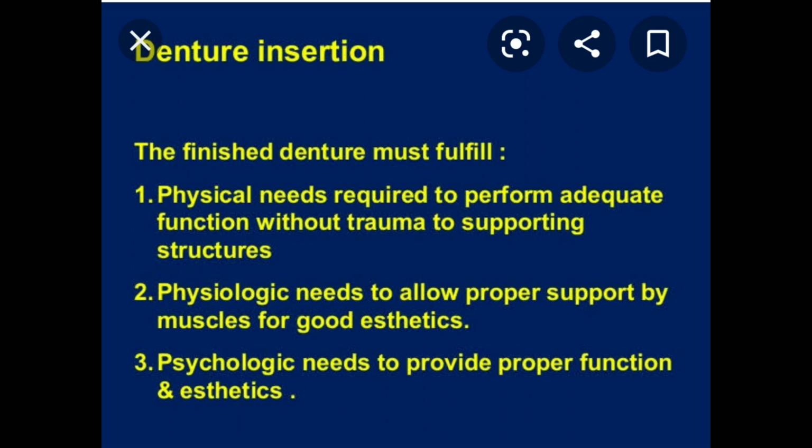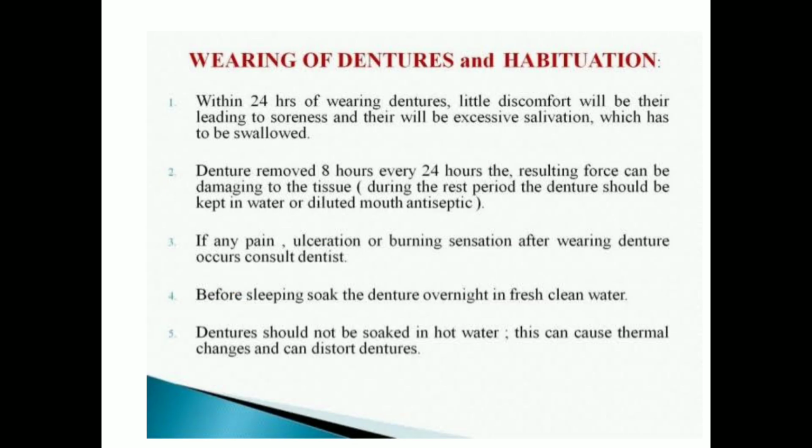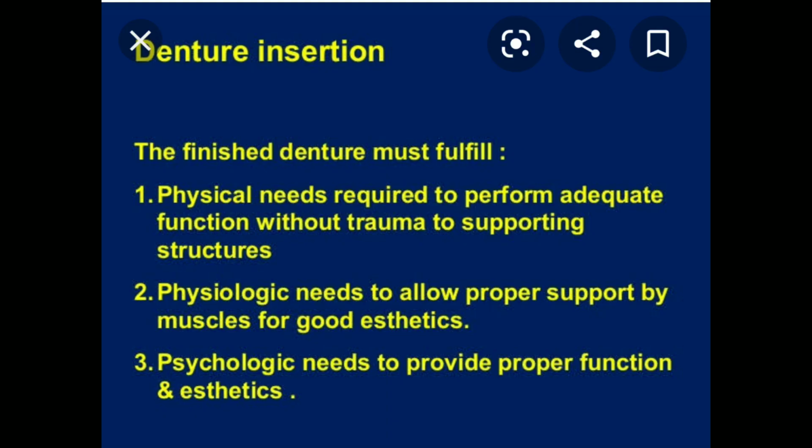in denture insertion, the finished final denture must fulfill the physical needs, physiological needs, and psychological needs. What do you mean by physical needs? Physical needs are required to perform adequate function without trauma to supporting structures.